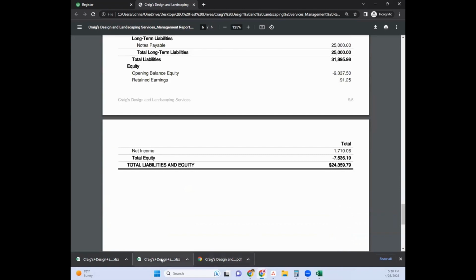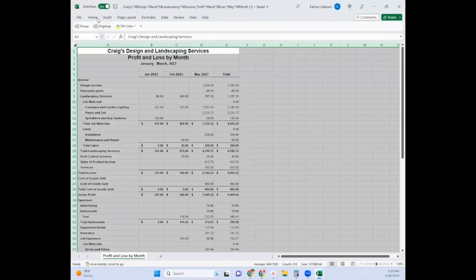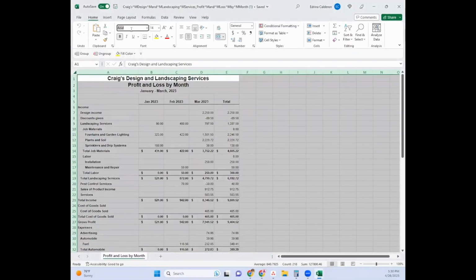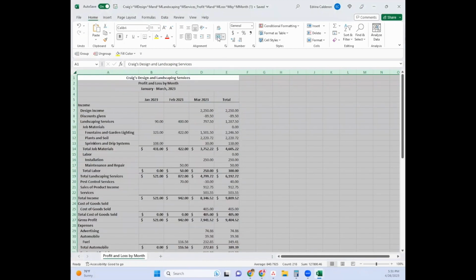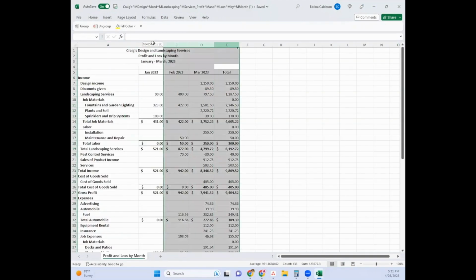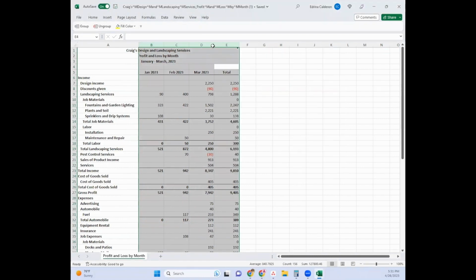Now, the last part I did talk about in my favorite reports video is this profit and loss statement by month. This is one of my favorite ways to look at a profit and loss statement, because although it's good to look at it on a consolidated basis as we just ran through, it's also good to look at how it flowed through the previous 3 months.